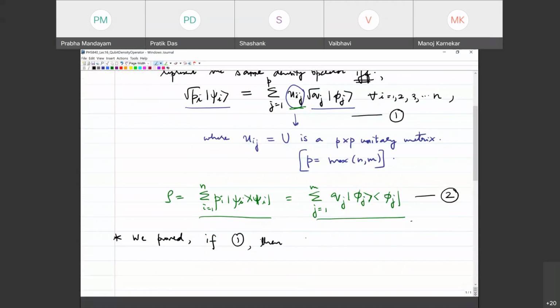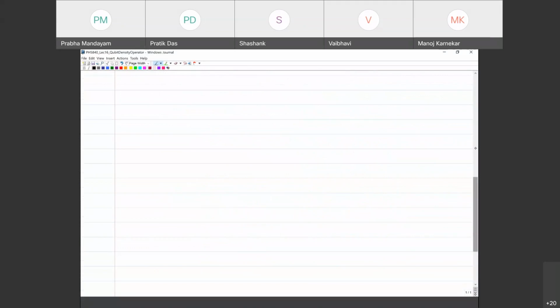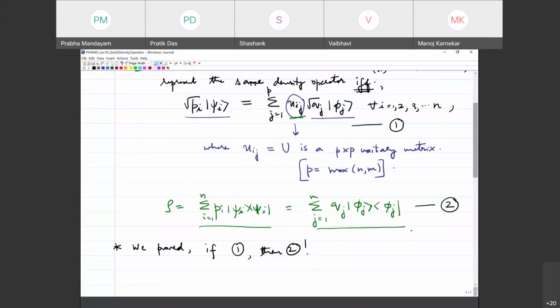In the sense, if these two are related by u_ij, then we simply took this sum, substituted for one here, and then we showed this, right? Like I said, somewhat more laborious, it's not hard really. It's more a question of understanding, for example, the unitarity property and applying it correctly.